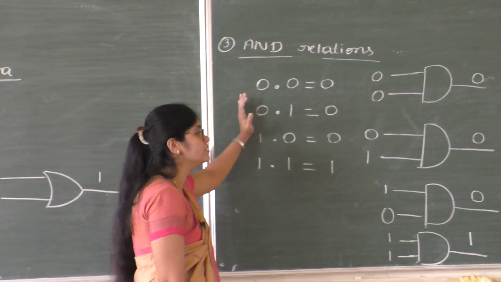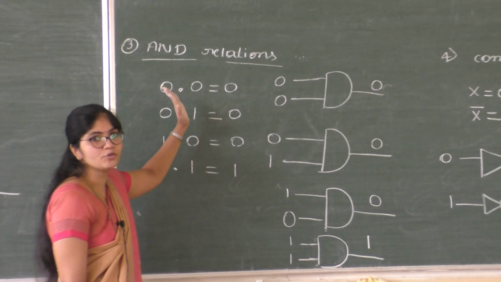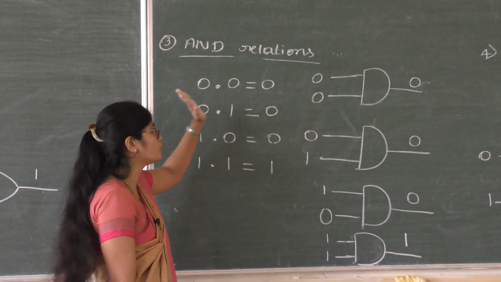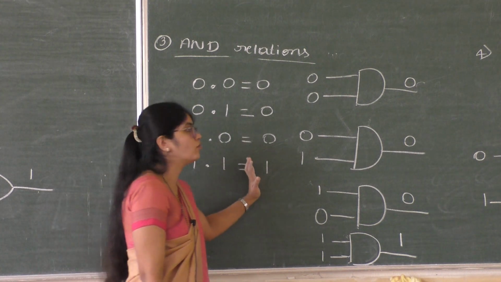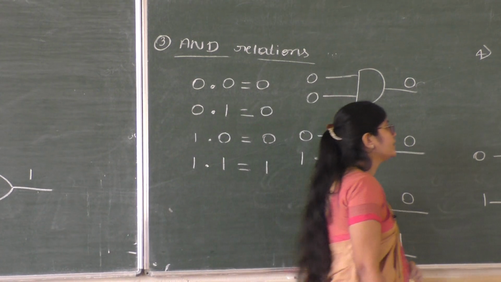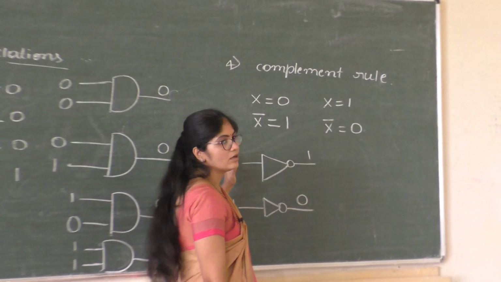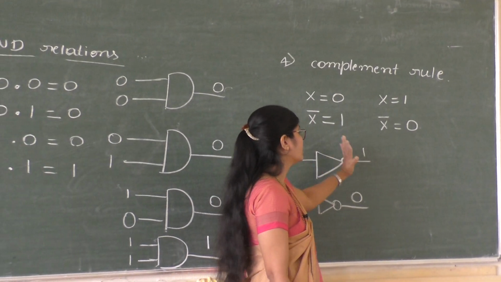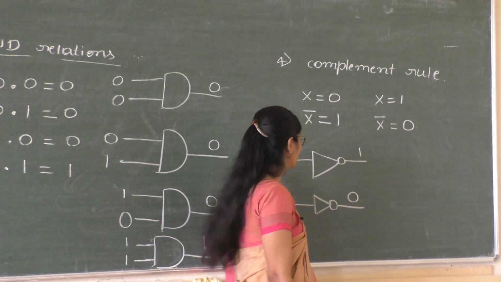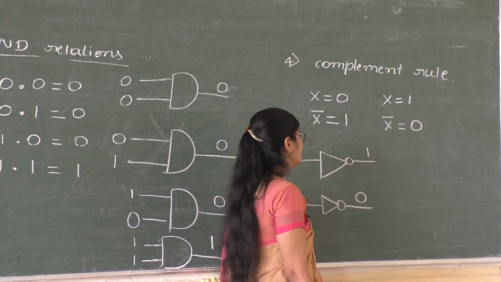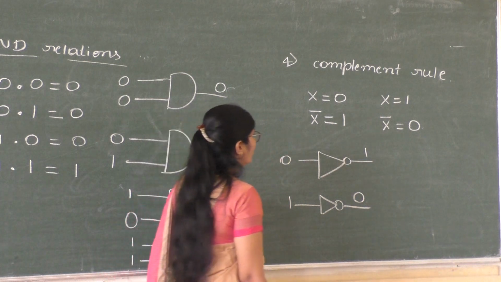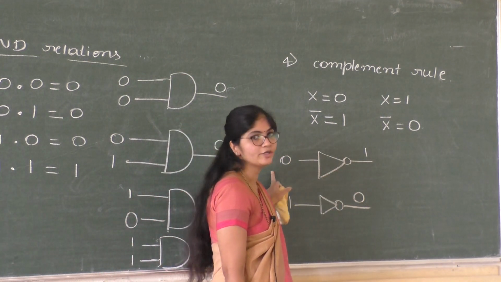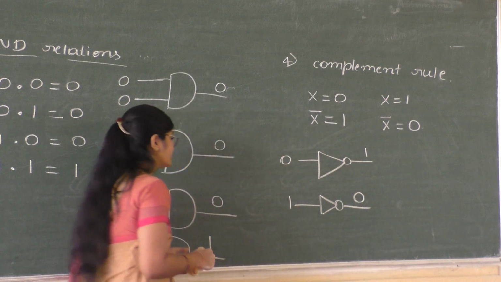In AND relations, if any one of the input signals is 0, then the output signal is 0. If all the input signals are 1, the output is 1. And complementary rule, if x equal to 0, x bar is equal to 1. If x equal to 1, x bar equal to 0. So in the NOT, the output state is always the complement of the input state.